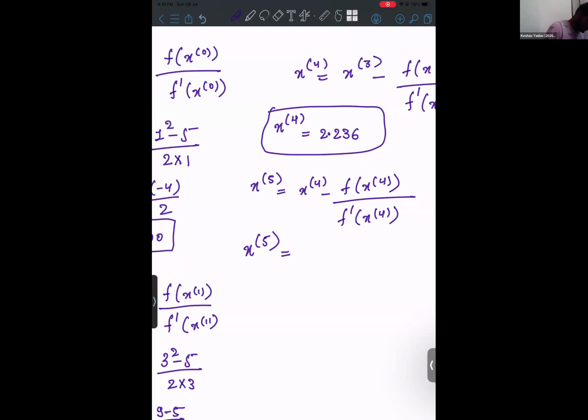So it will again come to 2.236. So you see, here the solution has converged. At the fourth iteration we found 2.236, and at the fifth iteration also we found 2.236.